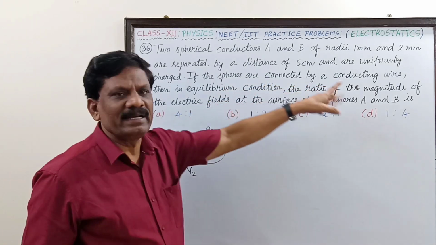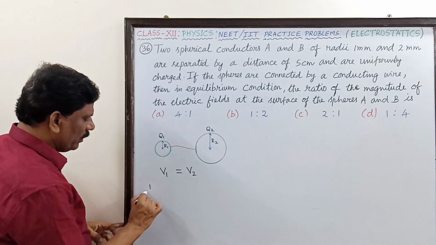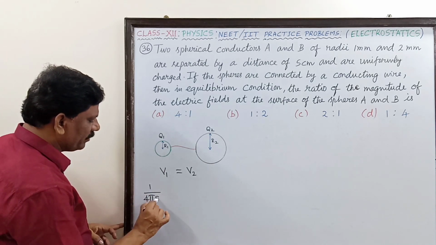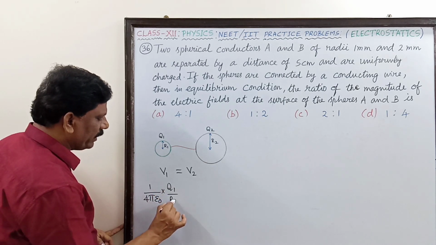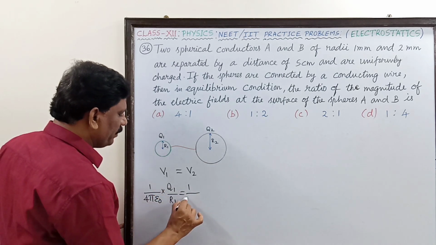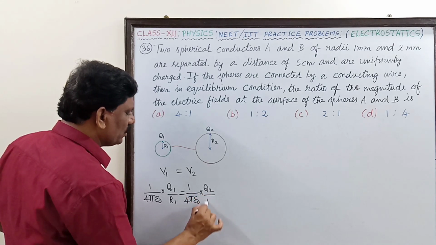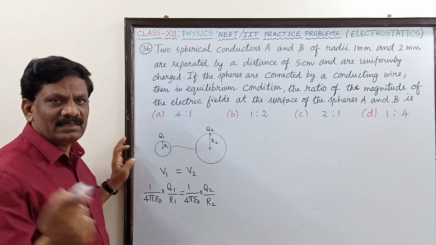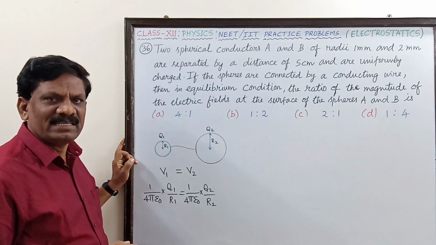They are connected by a conducting wire, so V1 is equal to V2. So 1 by 4 pi epsilon naught into Q1 by R1 is equal to 1 by 4 pi epsilon naught into Q2 by R2, because the potential of the first sphere is equal to the potential of the second sphere.